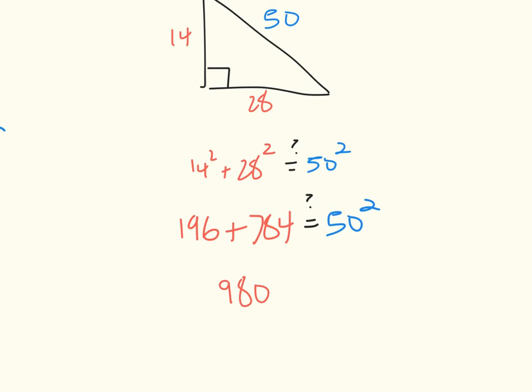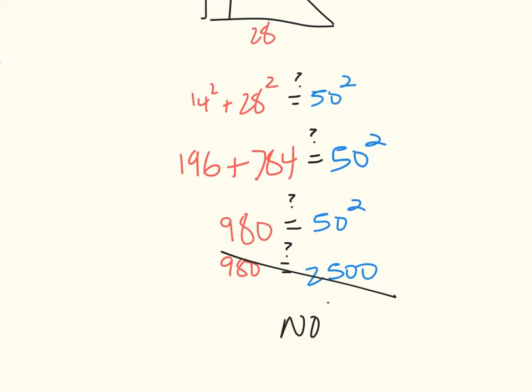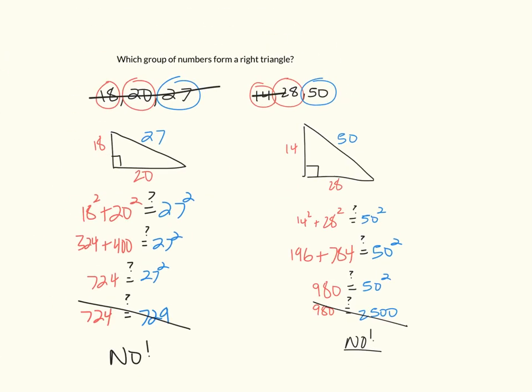And is 980 going to be the same as 50 to the power of 2? Well, what is 50 to the power of 2? 50 to the power of 2 is 2,500. Is 980 the same as 2,500? No, it's not. Oh my goodness.